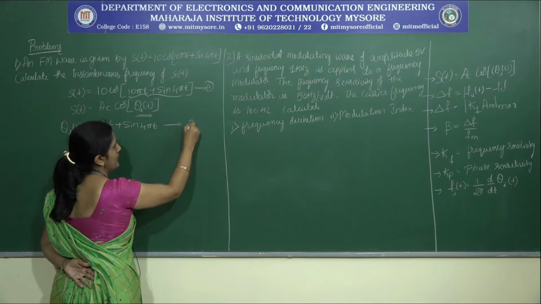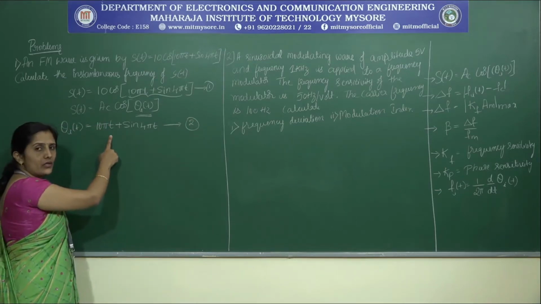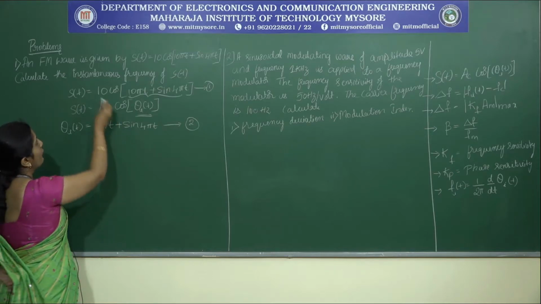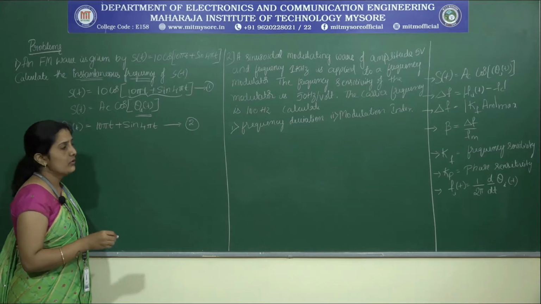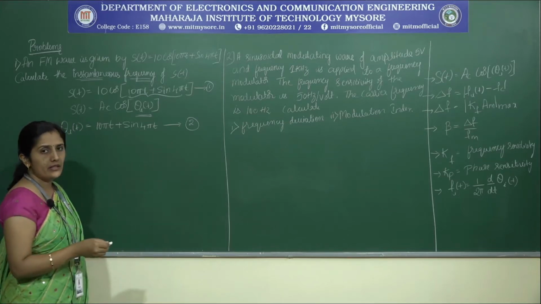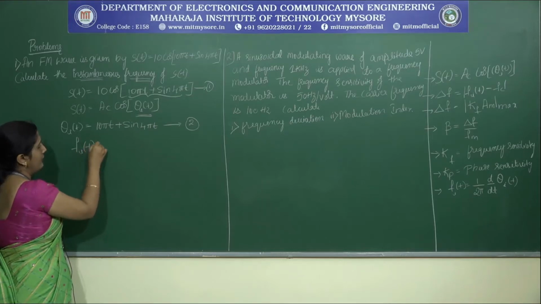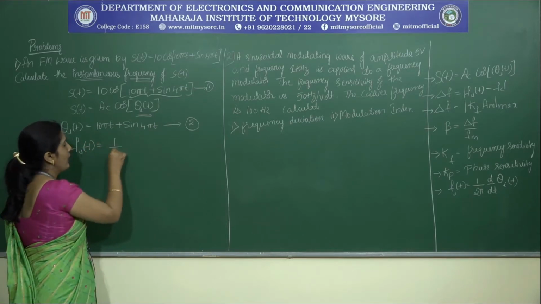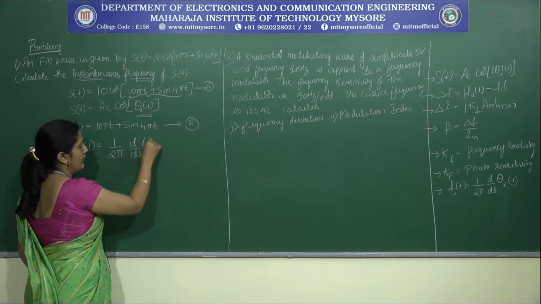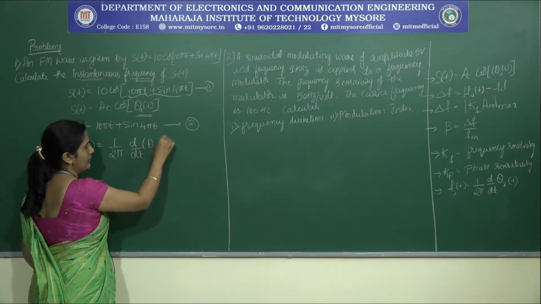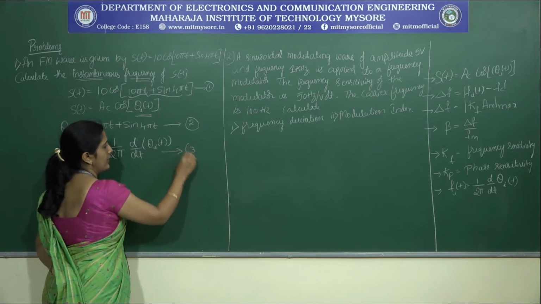Let us consider this as equation number 2. Now after getting this equation, we have to find the instantaneous frequency of S of t. The formula for the instantaneous frequency is f i of t equal to 1 divided by 2 pi times the differentiation of theta i of t. Let us consider this as equation number 3.